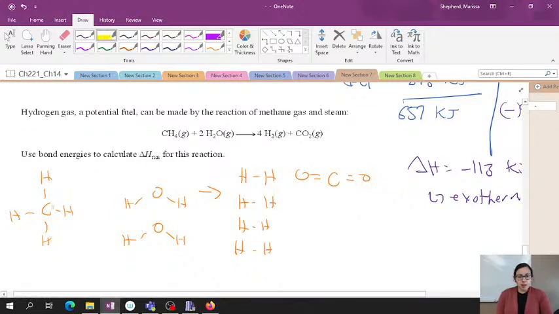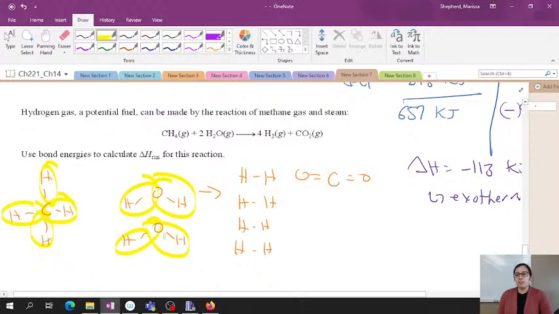Just looking at our carbon, it went from being attached to 4 hydrogens to not. So we're going to have to destroy all these bonds. Then looking at our water, we don't have any oxygen-hydrogen bonds anymore, so we're going to have to destroy 4 oxygen-hydrogen bonds.